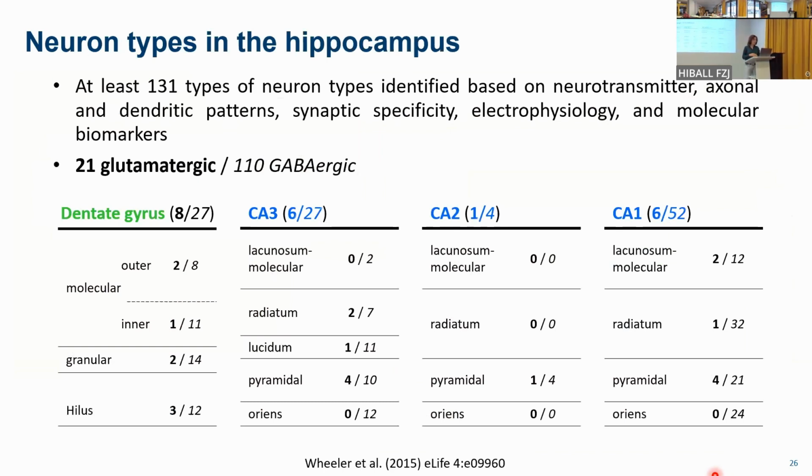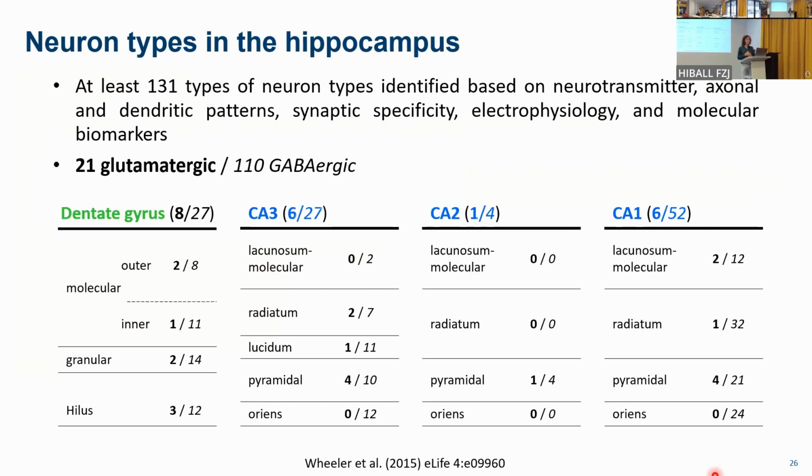Now this shows results of a much more recent study than that of Cajal, where he already identified a load of different types of neurons in the hippocampus.